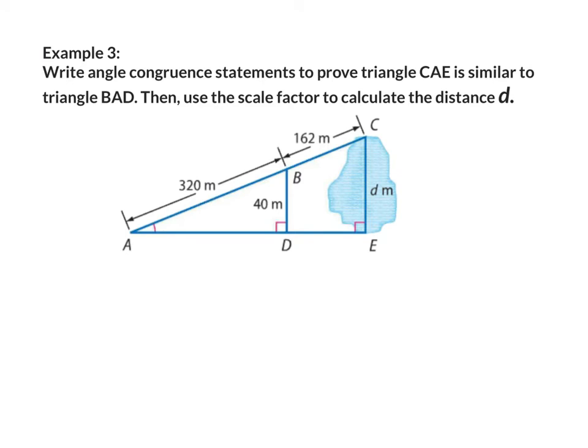Example number 3. Write the angle congruence statements to prove triangle CAE is similar to triangle BAD. Then use a scale factor to calculate the distance D. So I notice that angle A is in both triangles. So that means that angle A is congruent to angle A. I also notice that angle D and angle E are congruent.